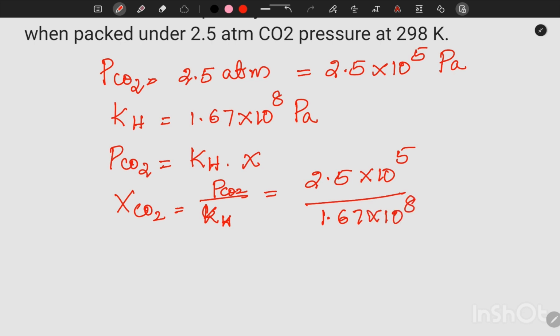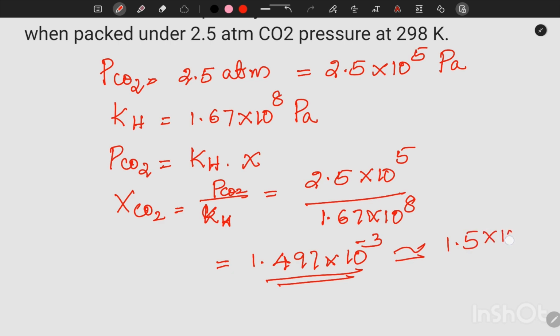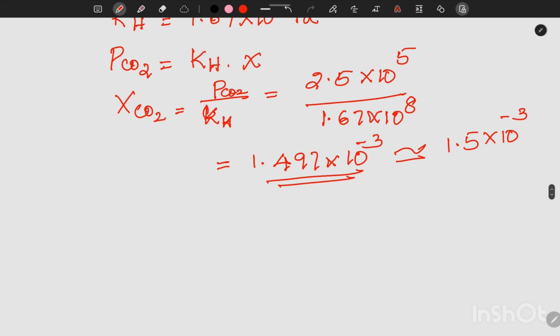So when we simplify this, we will get 1.497 into 10 raised to minus 3. So you can take it as approximately 1.5 into 10 raised to minus 3. Now, next we have to calculate the mass of water. We know mass by volume is equal to density.